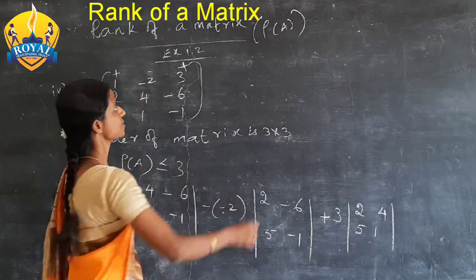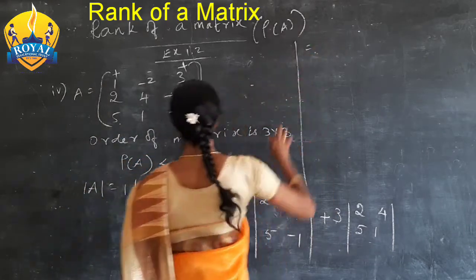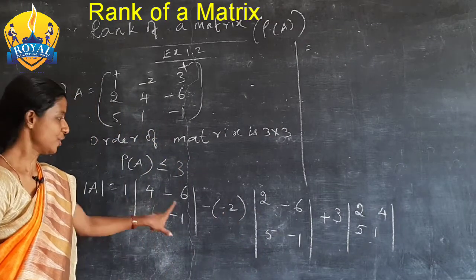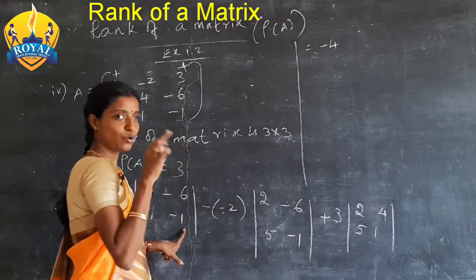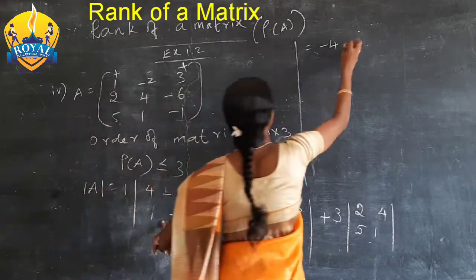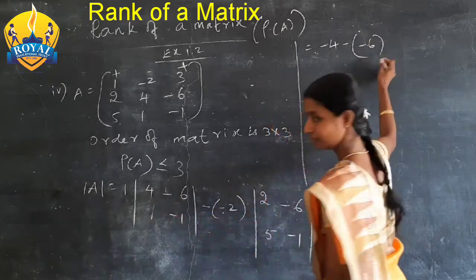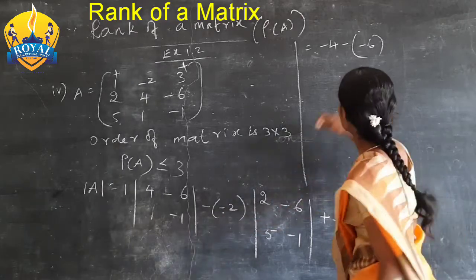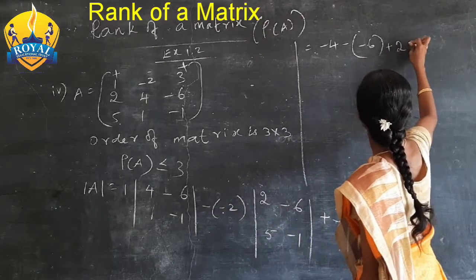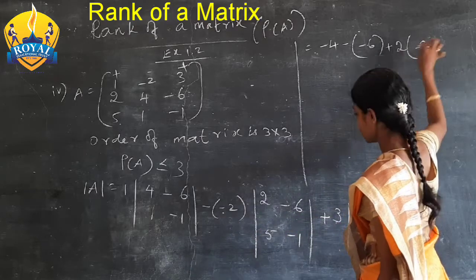Now we will expand this. Four into minus 1 becomes minus 4. In the reverse order, minus of 1 into minus 6 is minus 6. Here minus of minus 2, I already told you, so plus 2 into minus 1, minus 2.